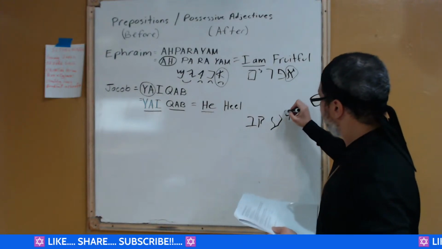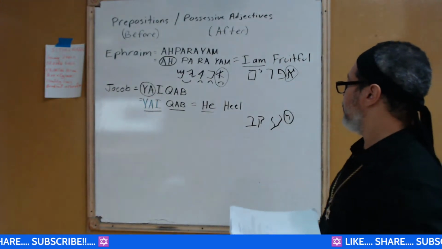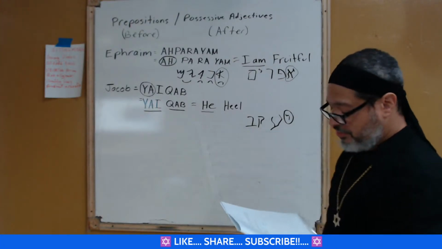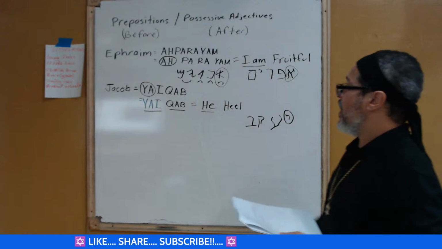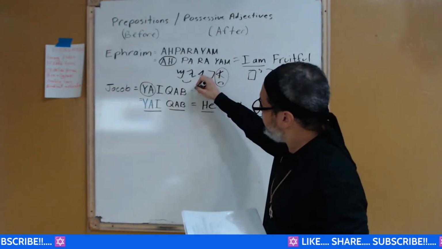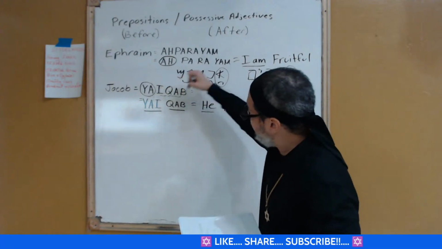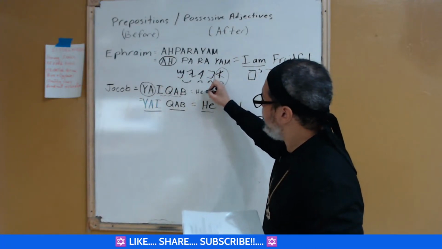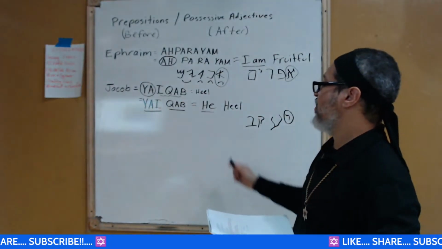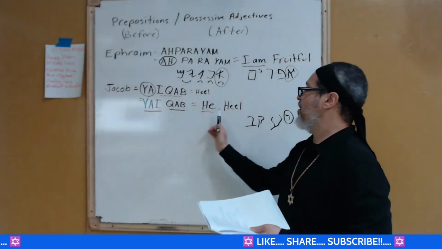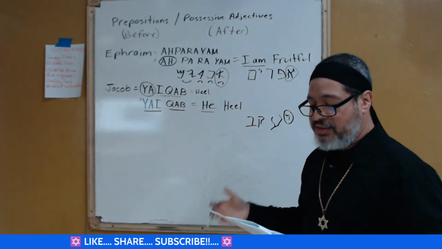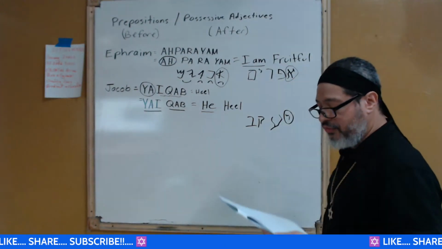This Yah right here, it's at the beginning of the word, it's actually heal. Now, I Quab is actually equal to heal. So this part is equal to heal. So essentially his name means something. He healed. And as he took a hold on Esau's heel, and that's where his name was formed from.